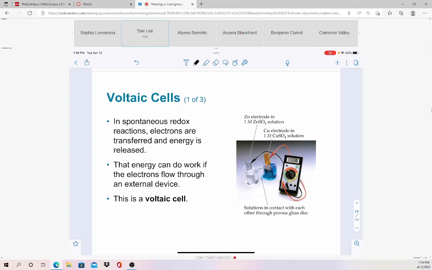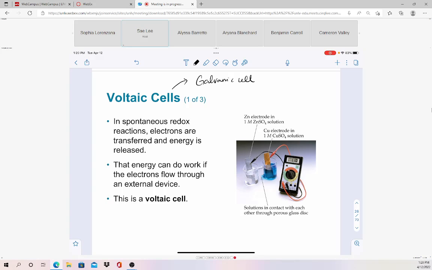A spontaneous redox reaction will have electron transfer, and the energy released from this reaction is used to perform electrical work. The electrochemical cell where a spontaneous redox reaction produces electricity is called a voltaic cell, or also called a galvanic cell. They're the same. For convenience, I'll just call it voltaic cell throughout this chapter, but they refer to the same thing.